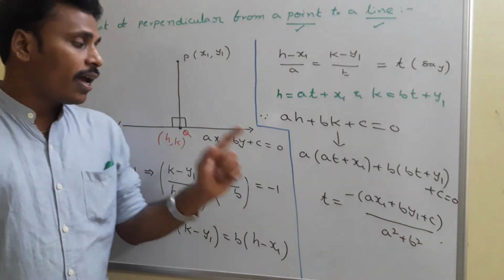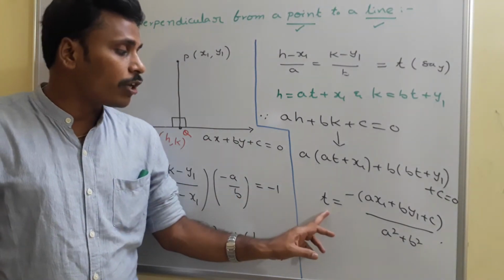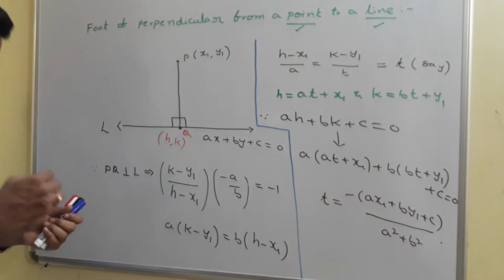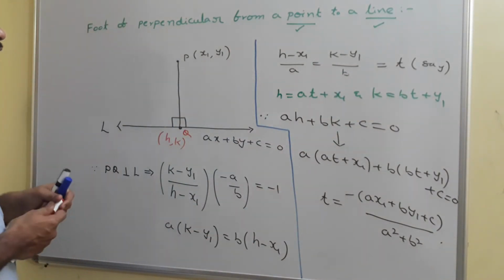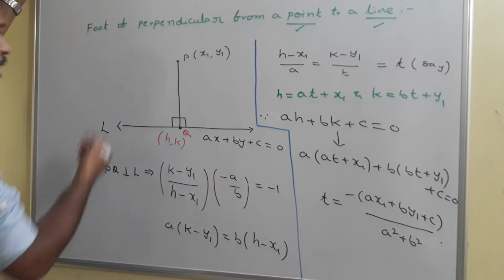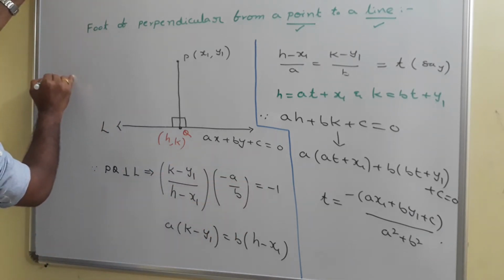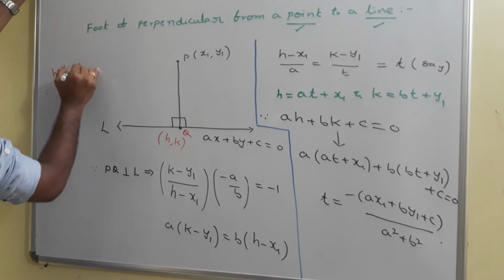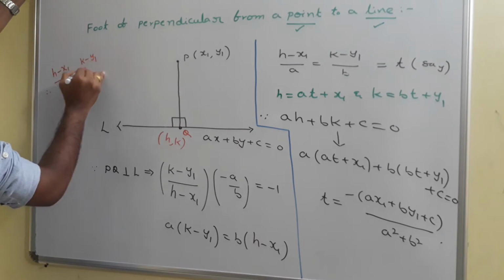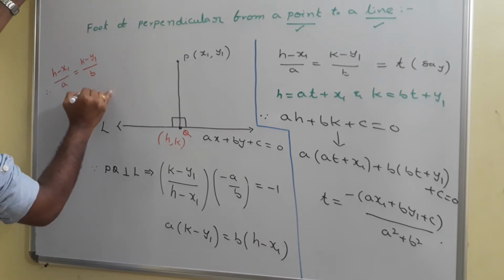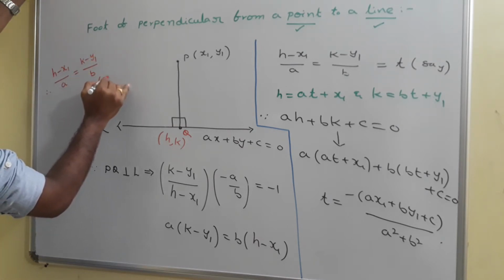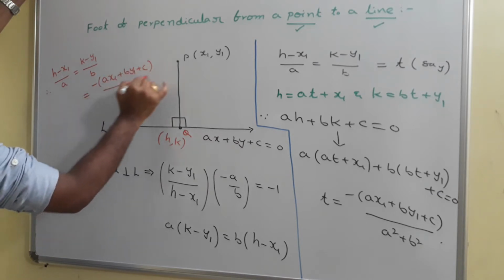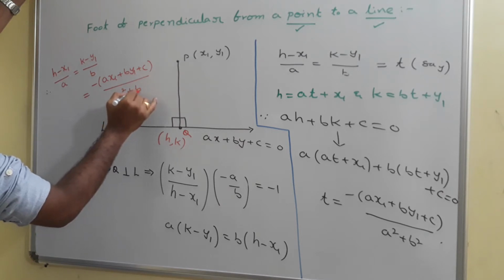Just have a look at this. At the end I have t, and now you just replace this t here. So at the end you have a relation, and that relation is enough to find that h comma k. Since I have no space there, I will write here. So therefore what I have in my hands, (h minus x1) divided by a is equal to (k minus y1) divided by b is equal to minus of (ax1 plus by1 plus c) divided by (a square plus b square).